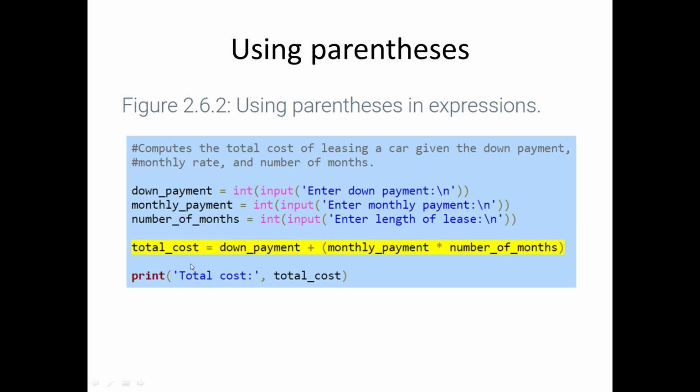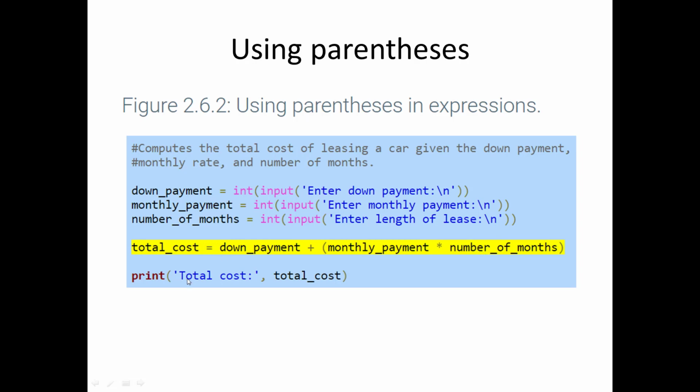Now notice this statement here. Total cost equals down payment that we got from the user plus the monthly payment times the number of months. Notice the use of parentheses here. This tells the Python interpreter that we're going to take this value and multiply it times this value, and then take that result and add it to down payment. The parentheses are important here because otherwise the Python interpreter would not know if we wanted to add the down payment to the monthly payment and then multiply by the number of months.